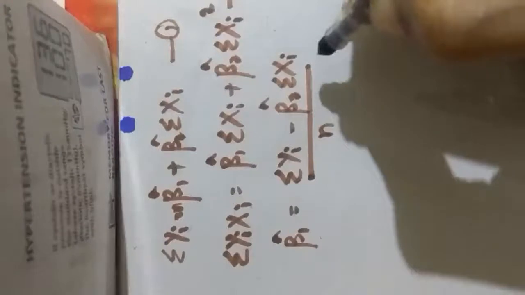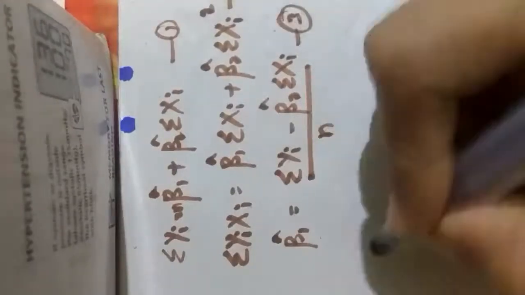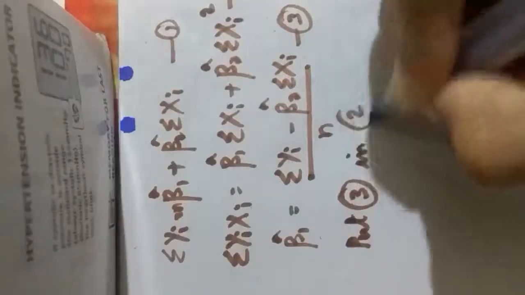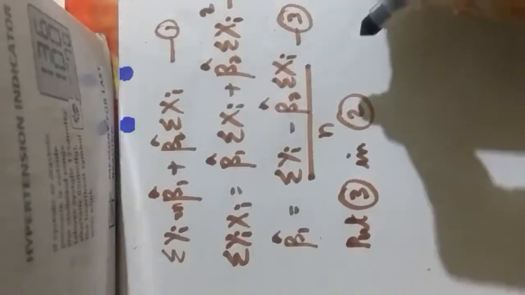Okay, now I'm going to put this relation 3 in my equation 2, which is the second normal equation.